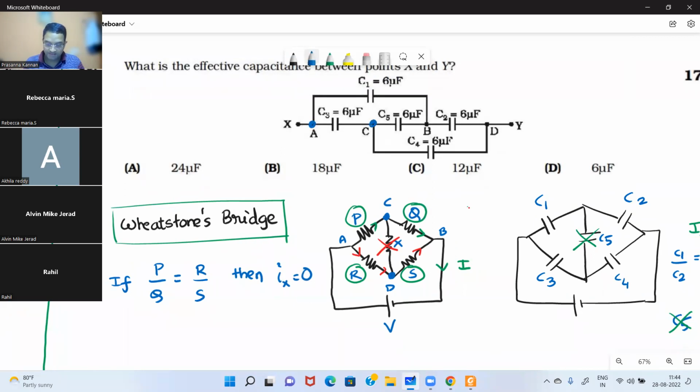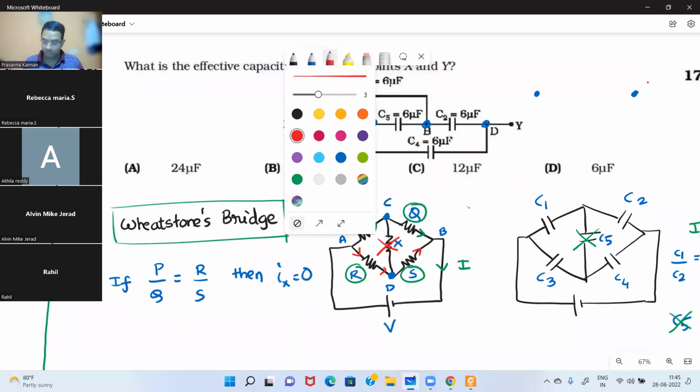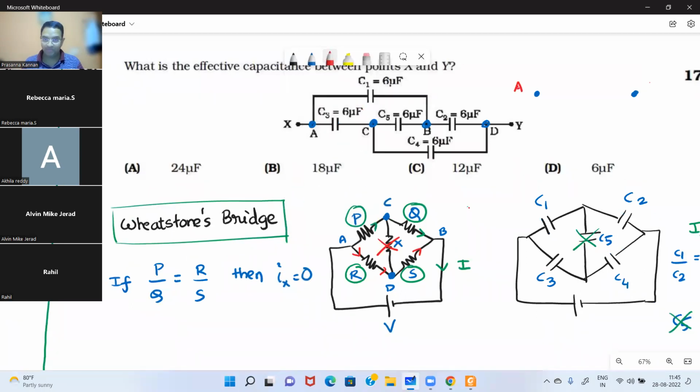A, C, B, and D. So I'm going to write this point A here, and this point B here. Let me write the point C here and D here.